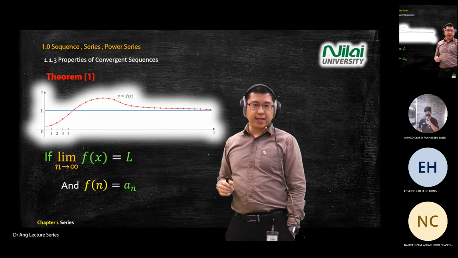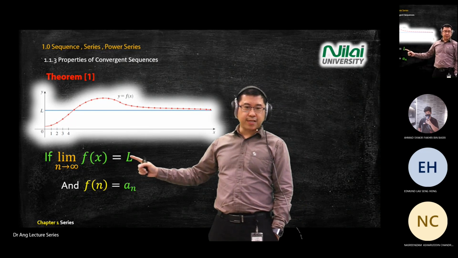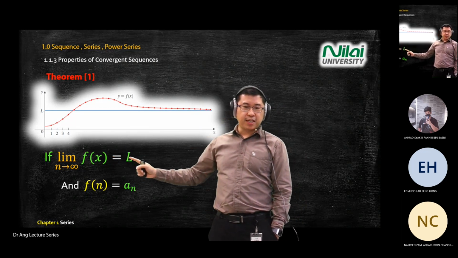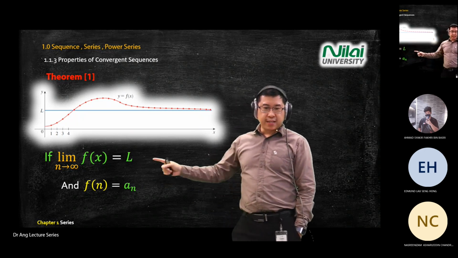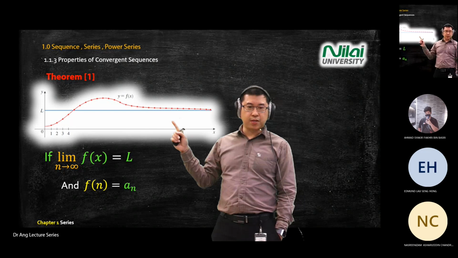If you see lim as x tends to infinity of f(x) equal to L, it means this is convergent data or a convergent sequence.